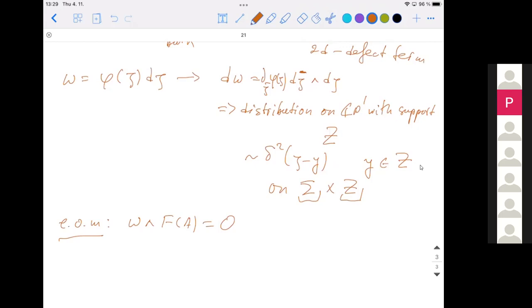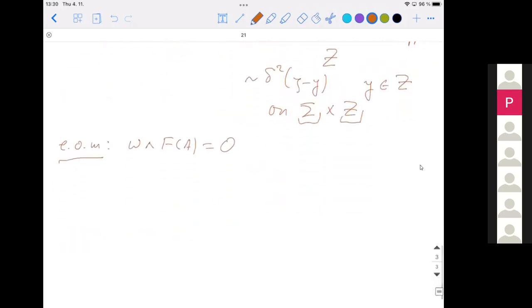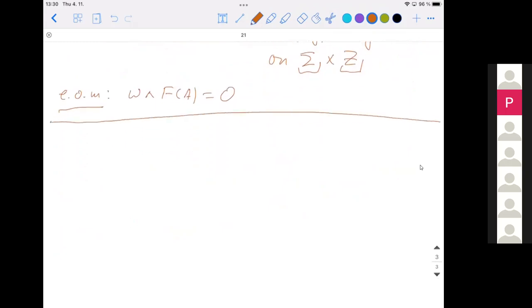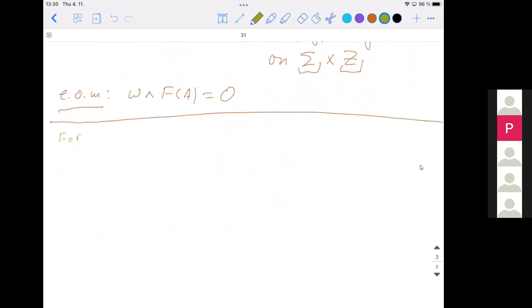Then we can talk a little bit about gauge transformations. There is something called formal gauge transformation.